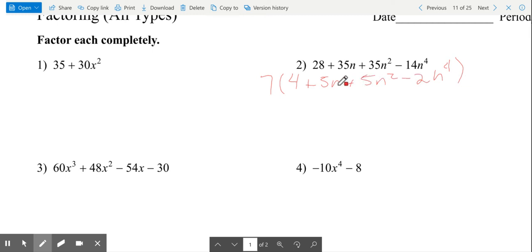And also, if we don't, then it's not factored completely. So if I don't factor out the GCF, then I'm going to end up with something that is not quite completely factored. So I'm going to go ahead and finish this problem. 4 and 5 don't have anything in common. I can't actually factor anything out of that, which is fine.